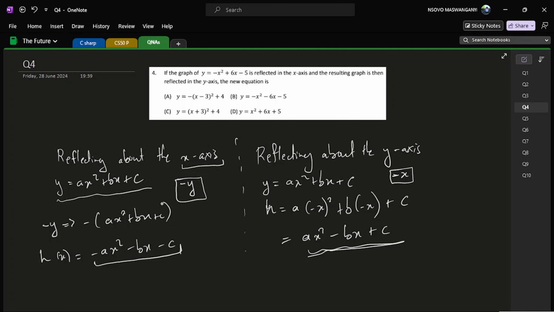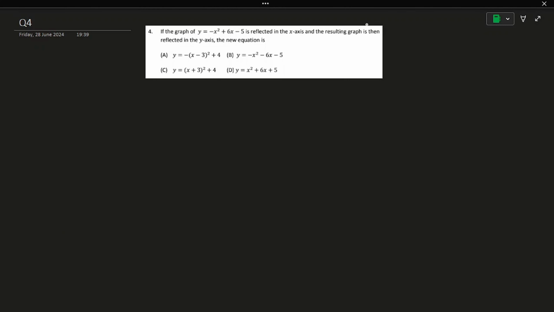Now, here's what we have. We have y equals negative x squared plus 6x minus 5. They first say this graph is reflected in the x-axis, which means we are multiplying y by negative 1.